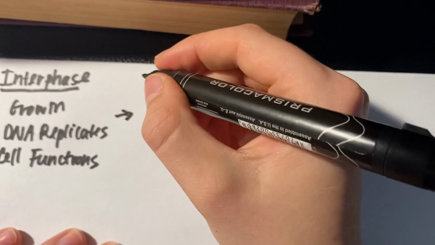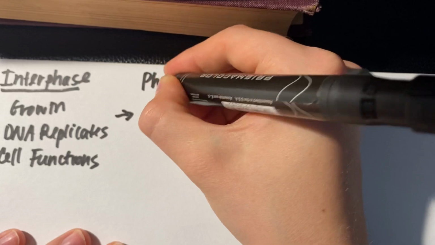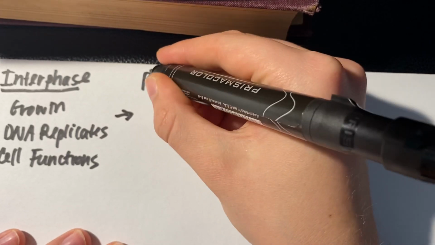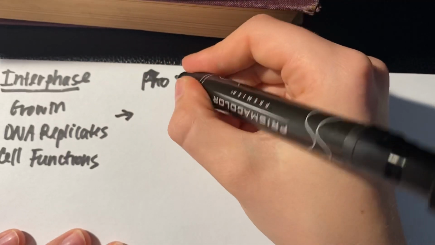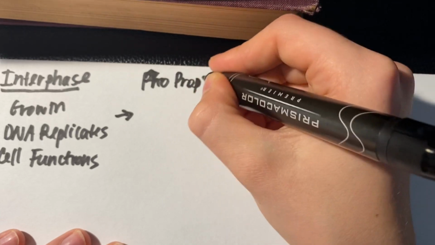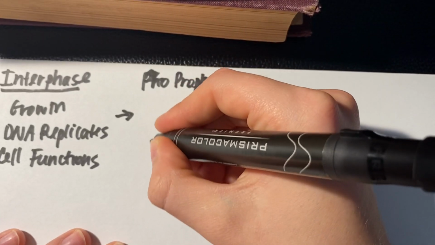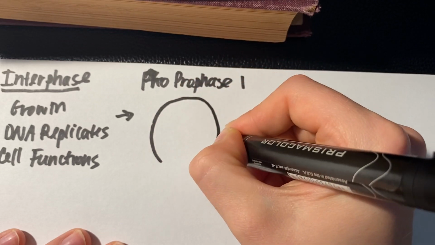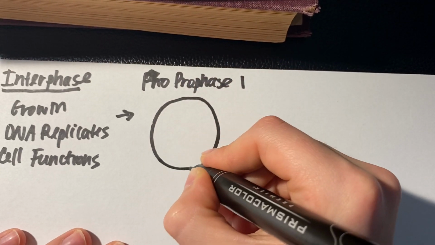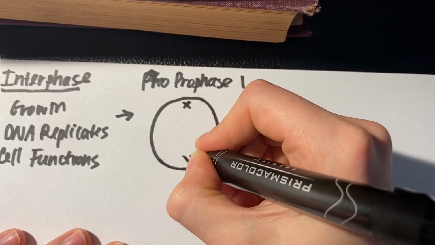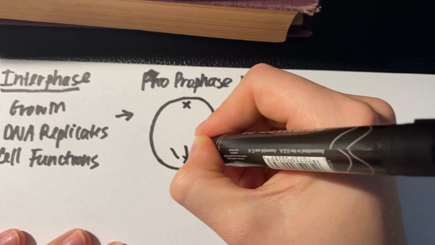So this leads us to prophase 1, in which we have the centrioles forming on the opposite ends, as well as spindle fibers.